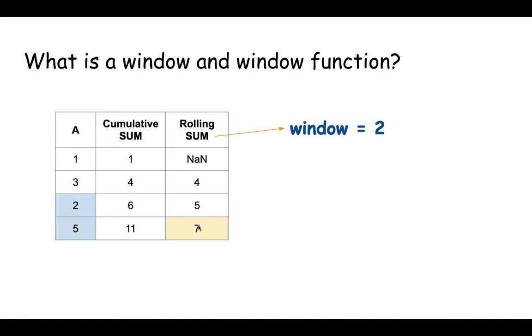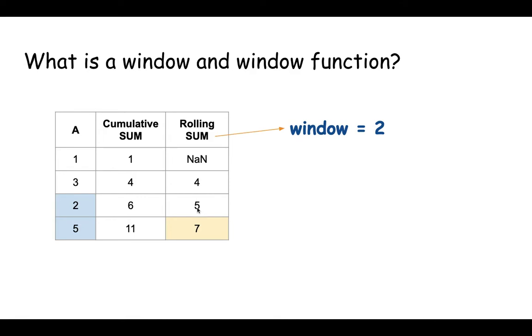That's how the rolling window works, where we specify the size of the window. In this case it was just 2. If we had 3 instead of 2, the first 2 would be NaNs, and then for the third row we would have 1 plus 3 is 4, plus 2 is 6, and that would be the value there.